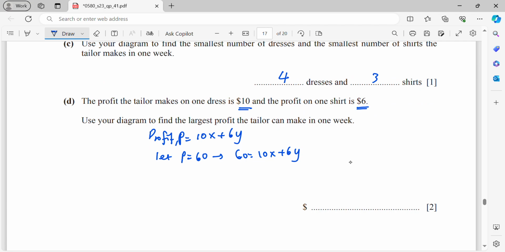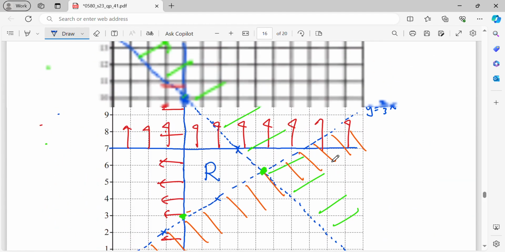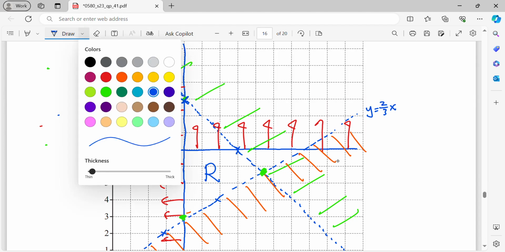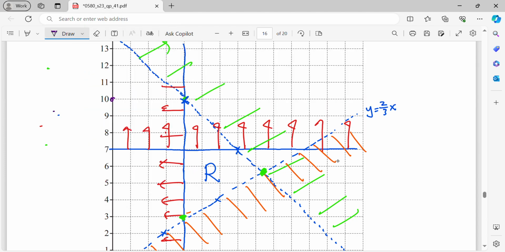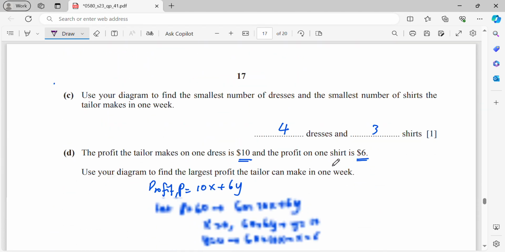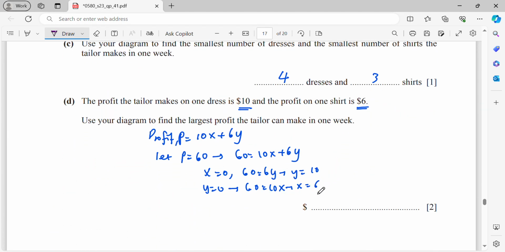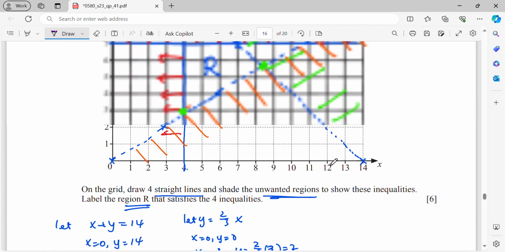Here, when x equals 0, 60 equals 6y, then your y will be 10. When y equals 0, 60 equals 10x. That means your x is 6. So I get 2 points, (0, 10) and (6, 0).